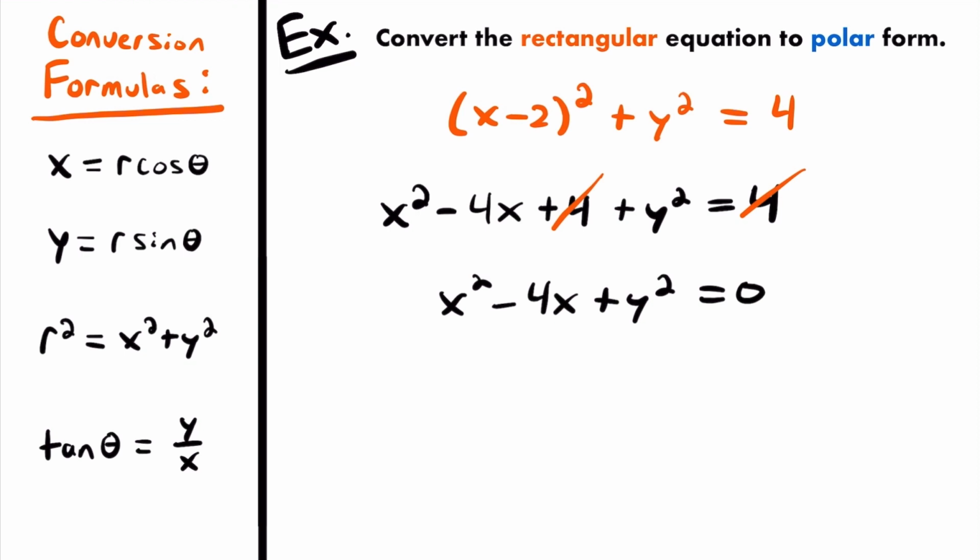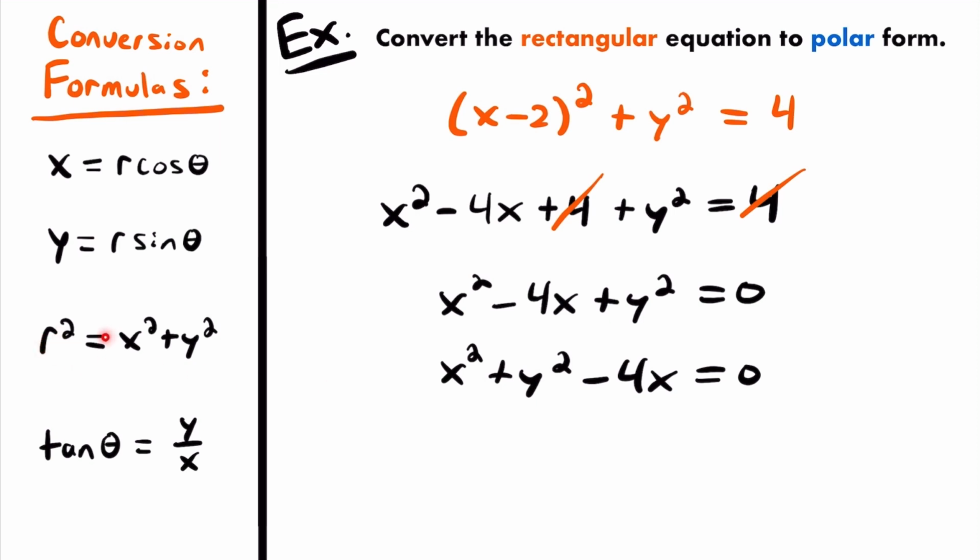Okay, but now, before we make any substitutions here, because you might be tempted to just replace each of these x's with r times cosine theta, and then this y with r times sine theta, notice that we have an x squared and a y squared. If we were to reorder our terms here, we would have x squared plus y squared minus 4x equals 0. We can replace this x squared plus y squared with r squared.